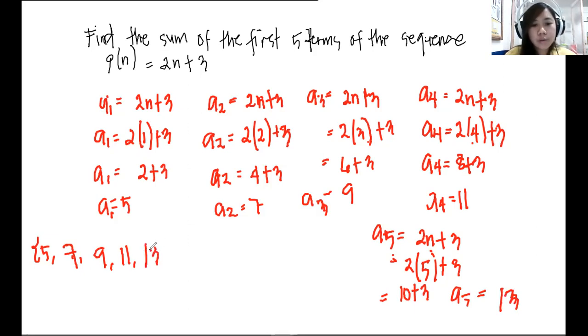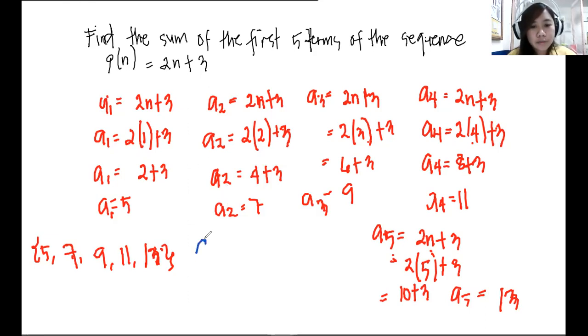So now we have here the first 5 terms of the sequence, which is 5, 7, 9, 11, and 13. So we can find now the sum of the first 5 terms of the sequence using the formula. S sub 5 is equal to A sub 1. I'm going to use another color po para mas makita natin yung pinaka-final answer po. So I'm going to use blue color.